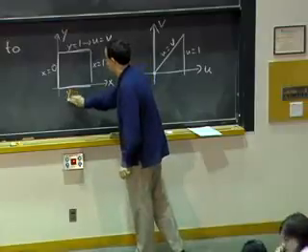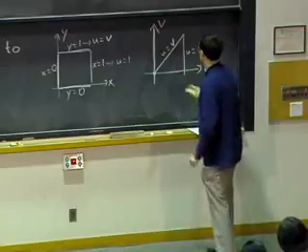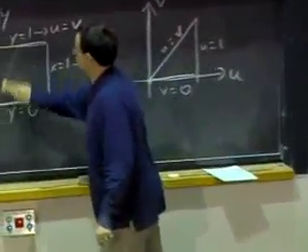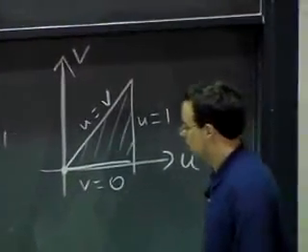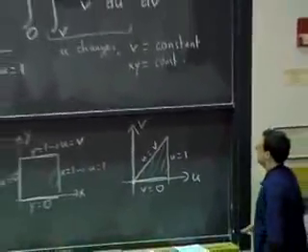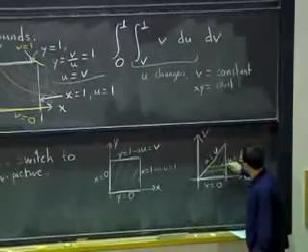And then the last side, y equals 0, and x varies, just becomes v equals 0. So somehow, in the change of variables, this square becomes this triangle. And now, if we want to integrate du dv, it means we're going to slice by v equals constant.